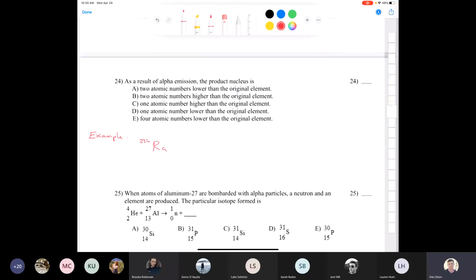If that was to yield an alpha particle, which I'm going to represent as just a helium nucleus like this, plus radon-222, what happened to the product nucleus? We went from an atomic number of 88 to an atomic number of 86. And so what's happening here is that the atomic number of the product is 2 atomic numbers lower than that of the original element A.